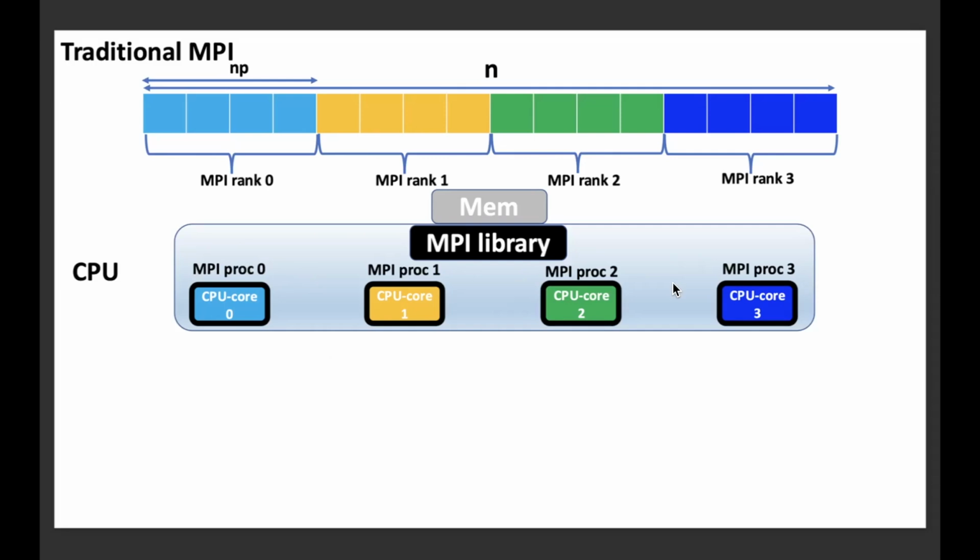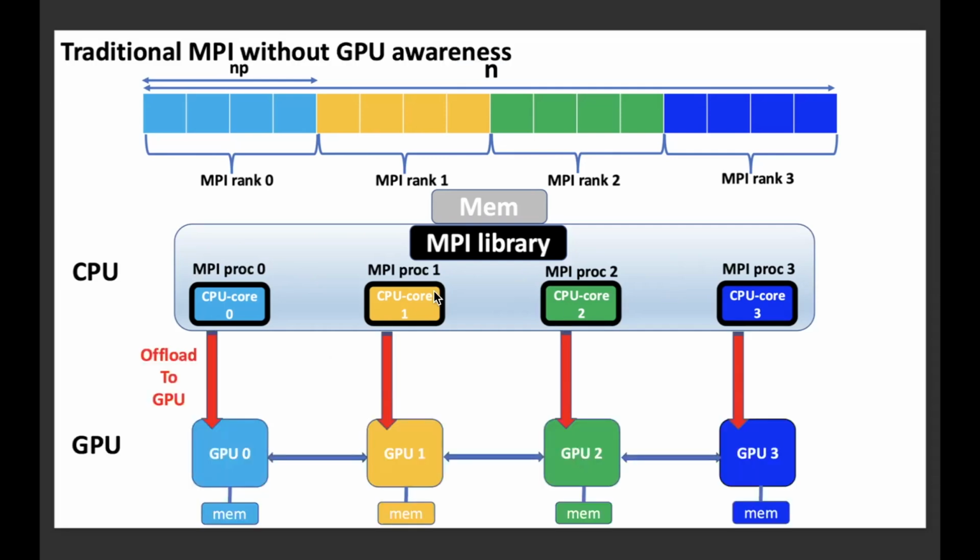CPU cores. Now on the GPU, we use a directive model, for instance OpenACC, to copy data which are already located on different CPU cores and upload it to a specific GPU, knowing that we have already assigned each MPI rank to a specific GPU.